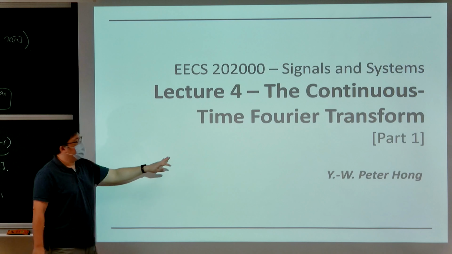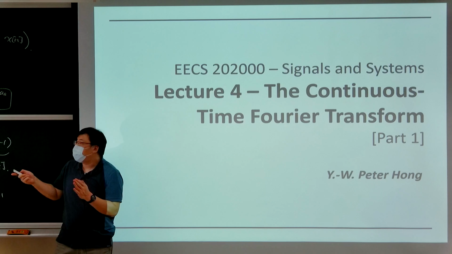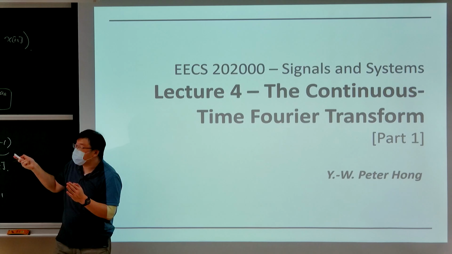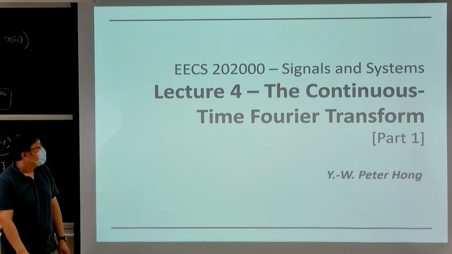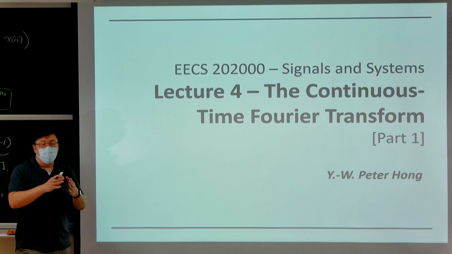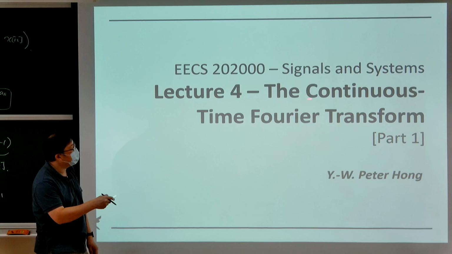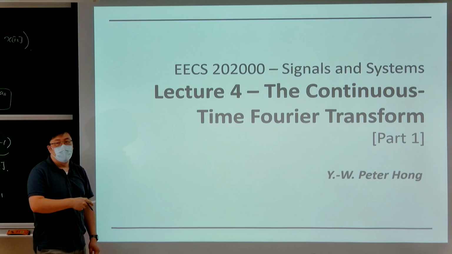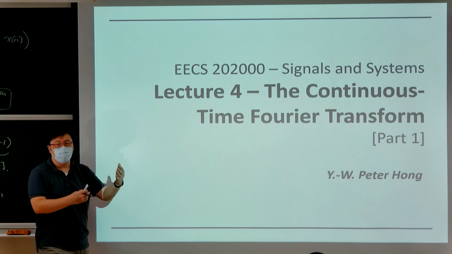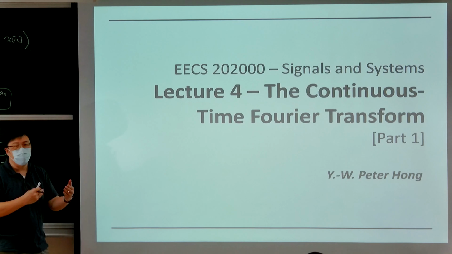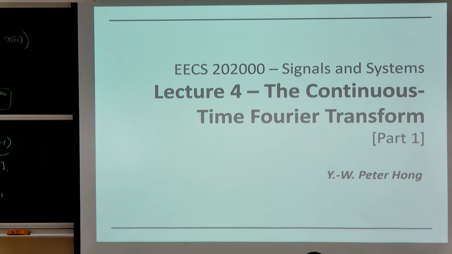In chapter 4, we want to extend this concept of representing a signal as linear combinations of pure complex exponentials to the case where the signal may not be periodic. We start with continuous time in chapter 4, and then we repeat the whole discussion for discrete time signals in chapter 5. If you understand chapter 4, we will probably go faster through chapter 5.